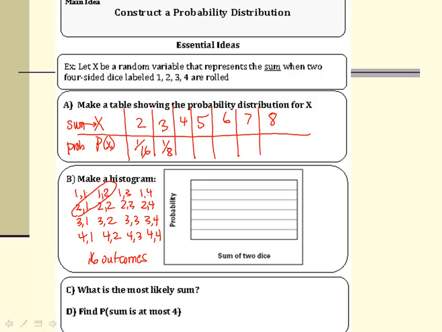So what's the probability that I get 4? Well, 1, 2, and 3. 3 out of 16 doesn't reduce, so we leave it as 3 out of 16. What's the probability I get a sum of 5? 1, 2, 3, 4. 4 out of 16 reduces to 1/4. What's the probability I get a 6?